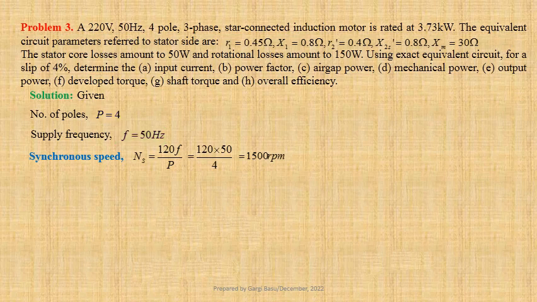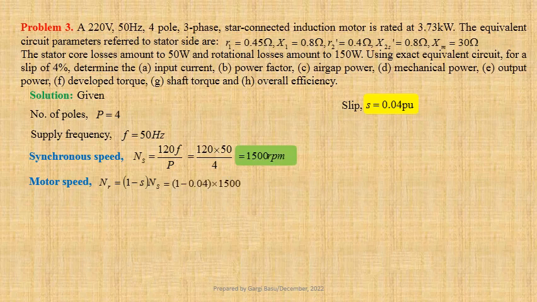Expression for motor speed Nr equals (1 minus S) times Ns. Given slip S equals 0.04 per unit. Therefore, Nr equals (1 minus 0.04) into 1500, that is equal to 1440 revolutions per minute.